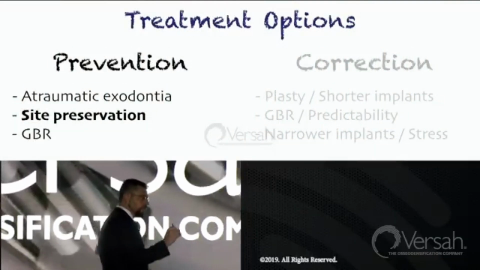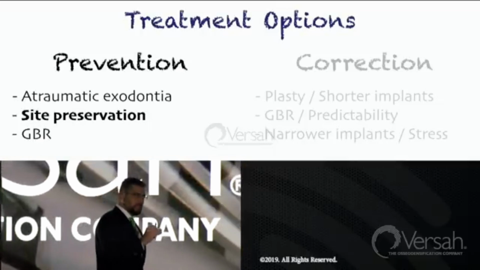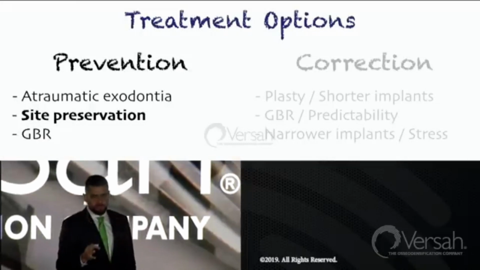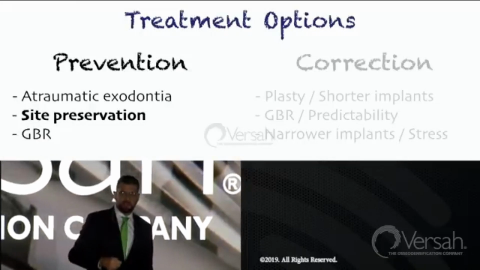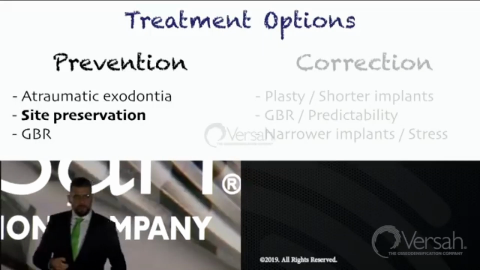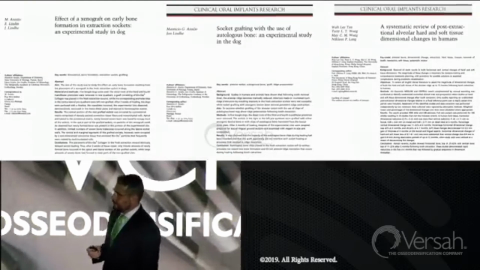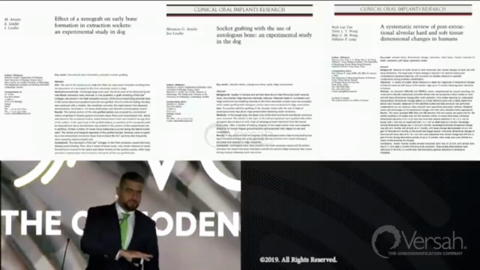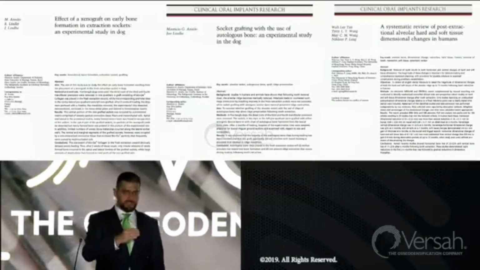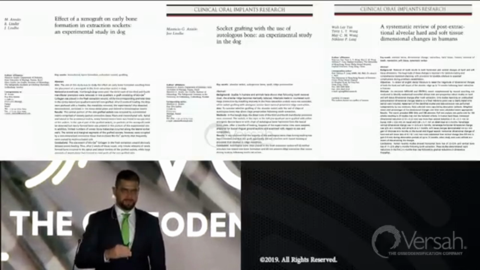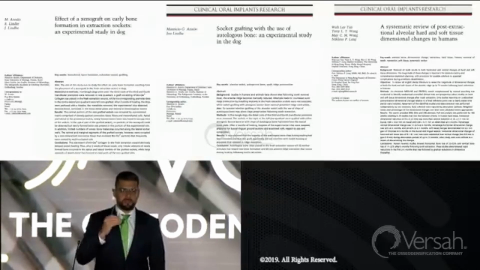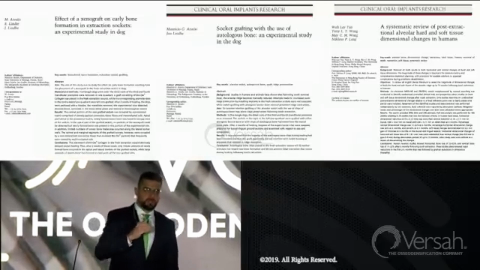And that is even more important to remember when we look at our preventive procedures, such as site preservation. If you look at the literature on site preservation, all the way across the board, what you're going to see is this. Xenograft is the most effective material in site preservation.